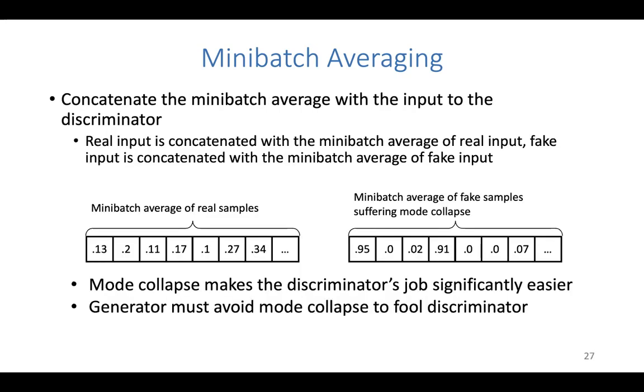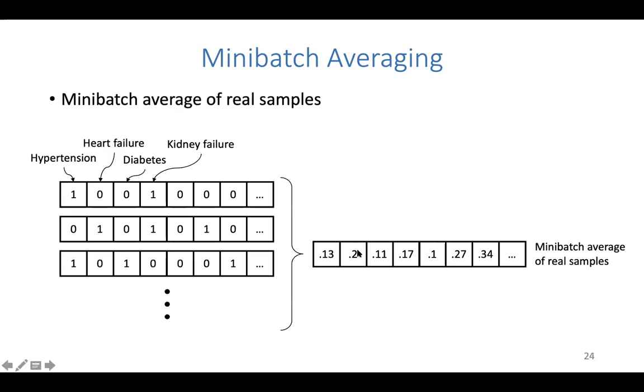So what we do is we concatenate the mini batch average. So we call this the mini batch average. We concatenate the mini batch average with the input to the discriminator. So what we're doing is we are providing this along with the samples to the discriminator.